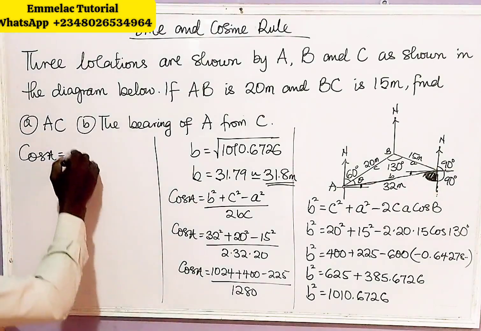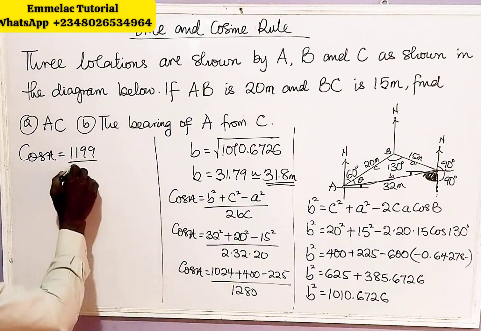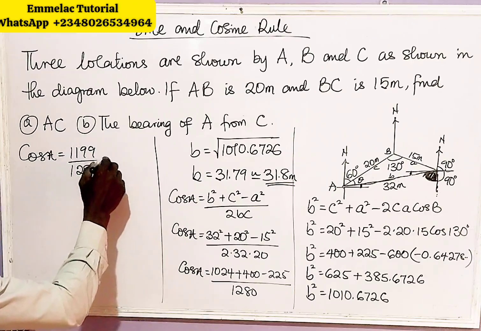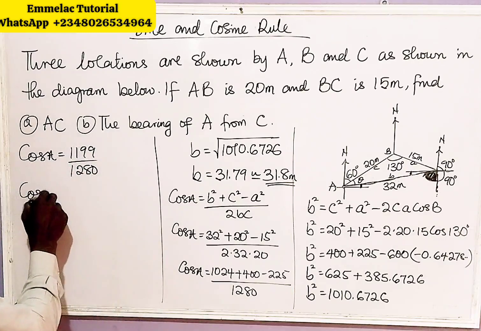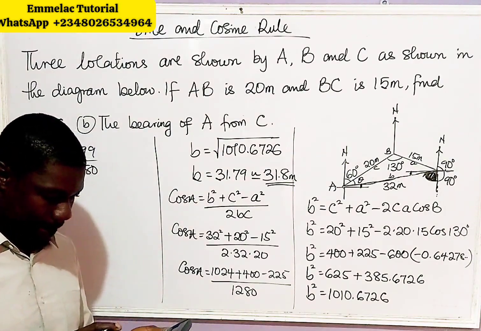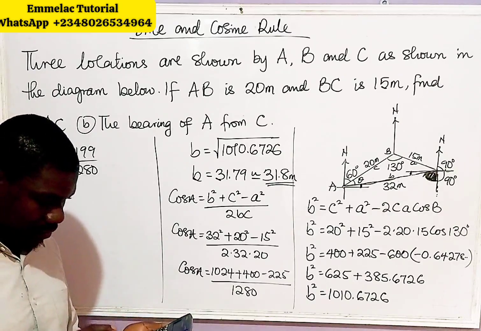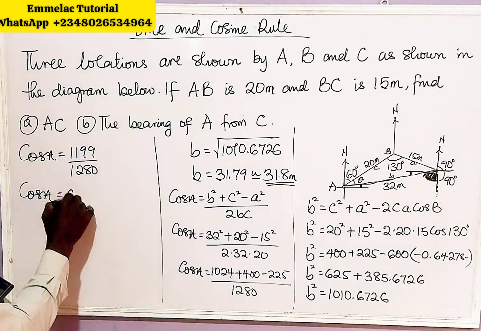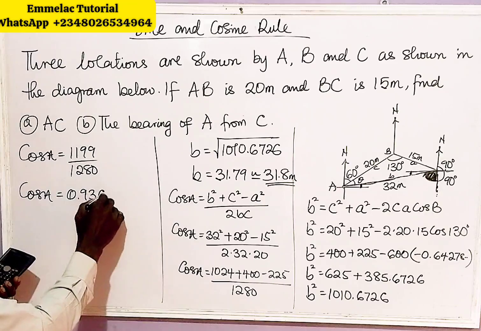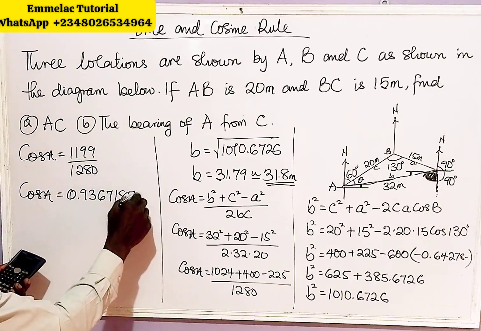Now this will give us 1199, all over 1280, and this will give us cos A equals 0.93671875.